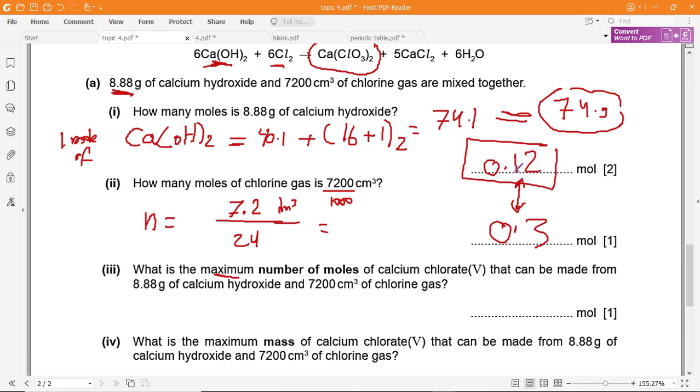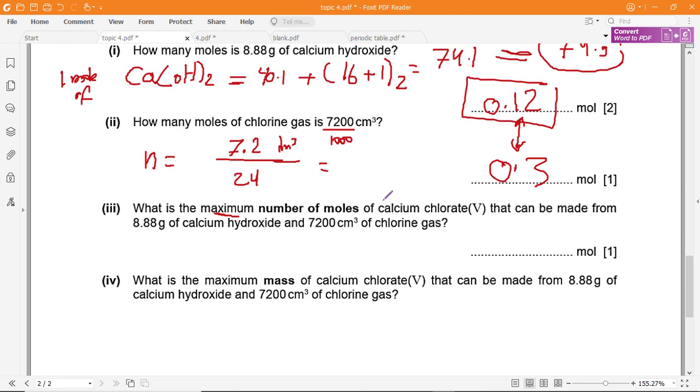So this reactant, calcium hydroxide here, has a number of moles less than the number of moles of chlorine gas. So this is now called the limiting reactant, and it will govern all the stoichiometry of the equation.